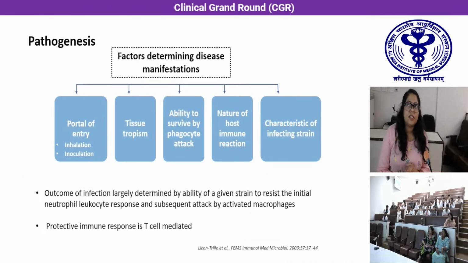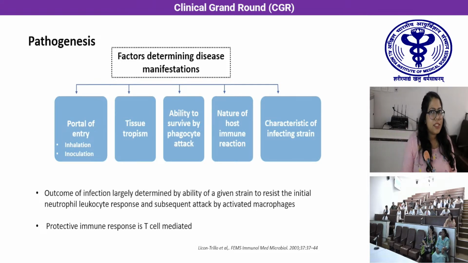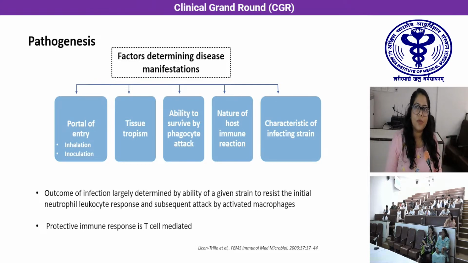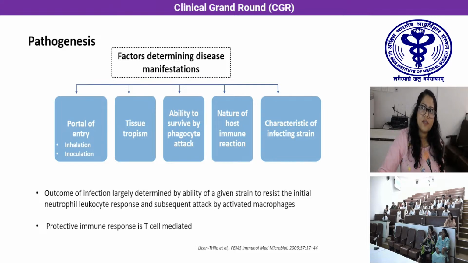So what are the factors which will determine the disease manifestation and outcome? They include, first, portal of entry. Respiratory or pulmonary nocardiosis occurs mainly through the inhalational route, and the various spectrum of cutaneous nocardiosis is through the inoculation route. It is also seen in the literature that Nocardia has a tissue tropism towards the CNS. And as I've discussed, they have the ability to survive the phagocyte attack and evade the immune mechanism.